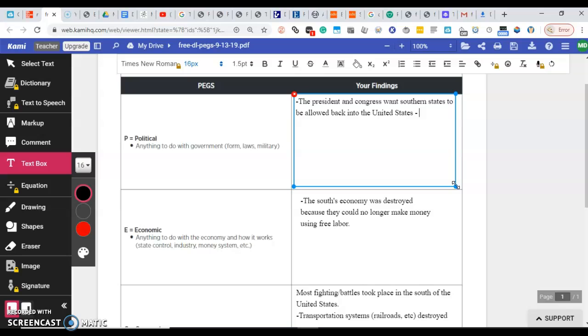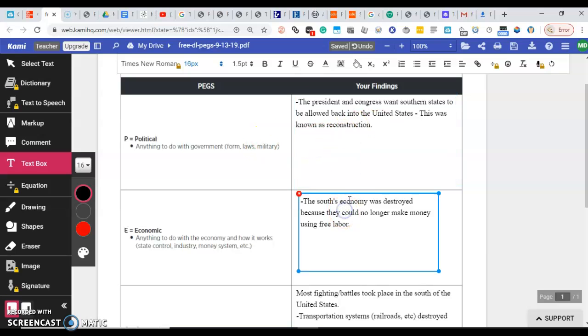Okay, and I'm going to write, this was known as Reconstruction. You should have found out what Reconstruction means yesterday when you were doing your vocabulary synonym flowchart. But if you haven't, then hopefully you're learning it now.